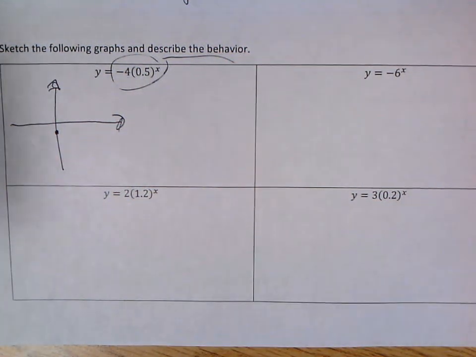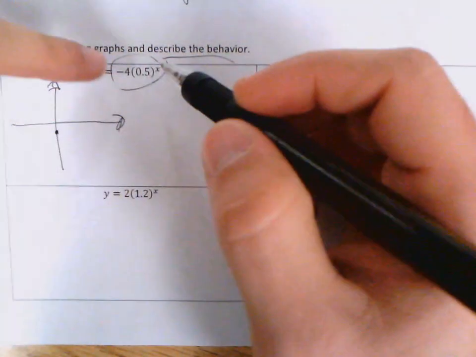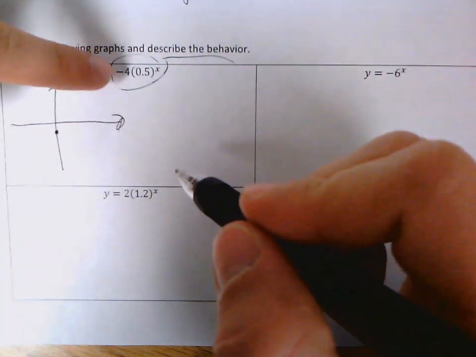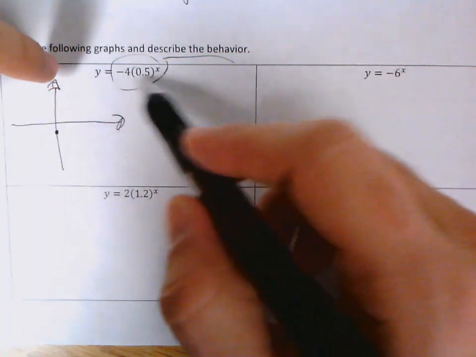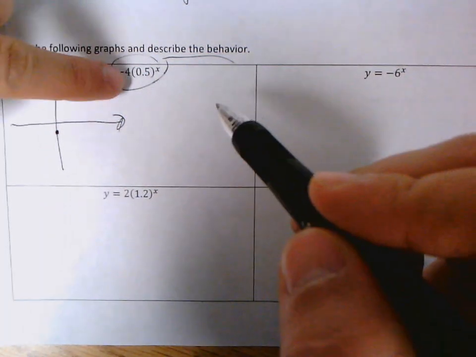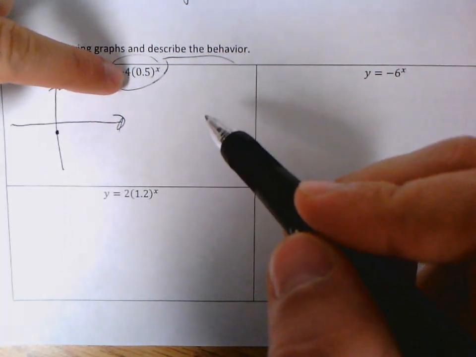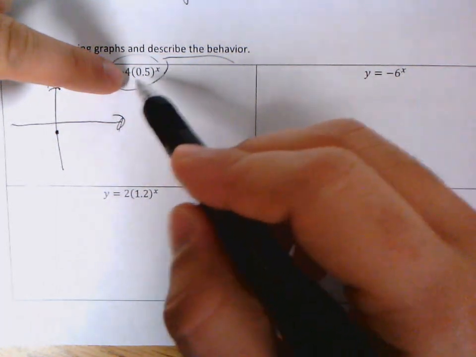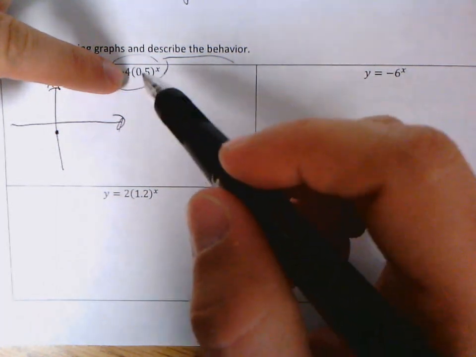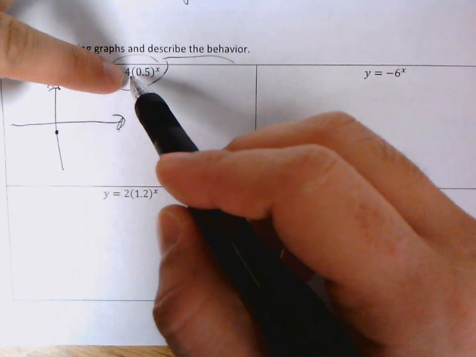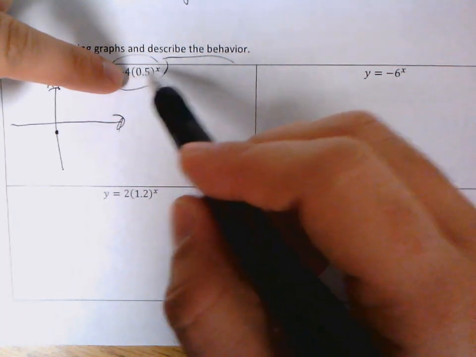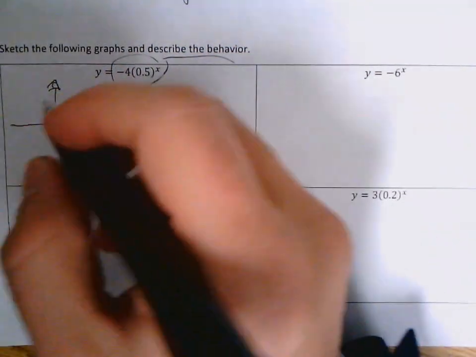Now I'm going to do this as a dash line. Remember that in the previous video I told you that if you're not sure about it, just graph the first one. Graph this equation without that negative. So you will graph it like this.